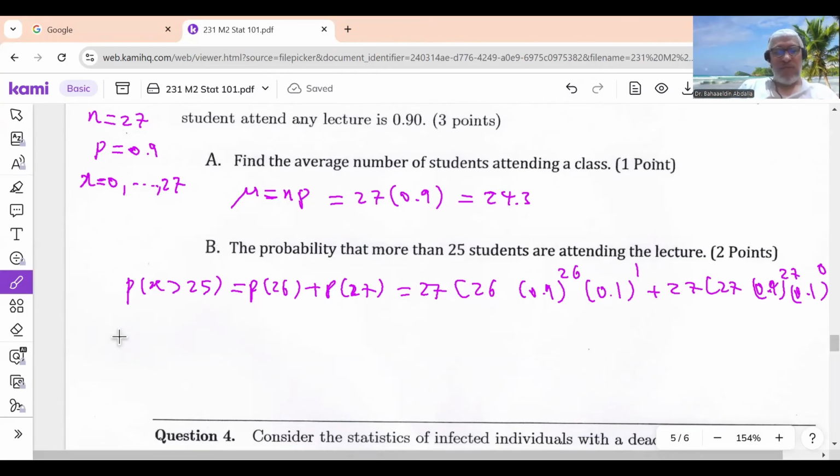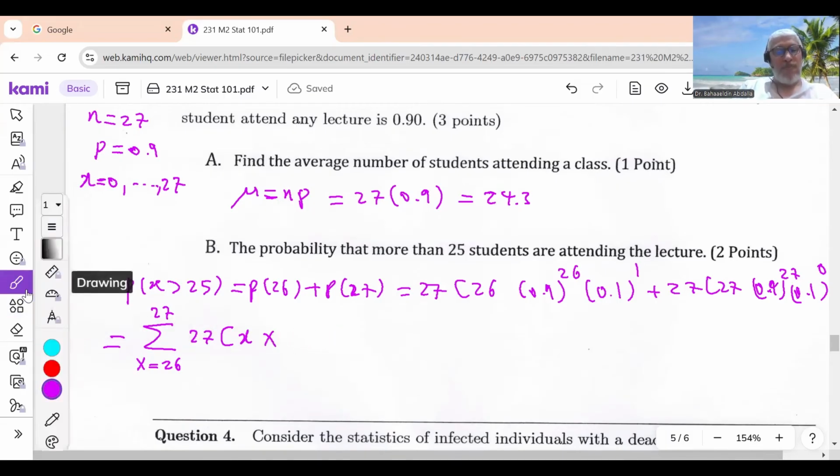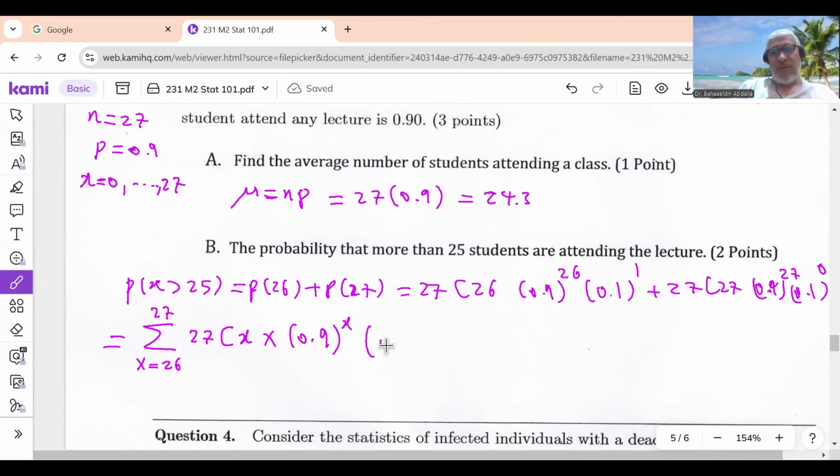So you can put this in the calculator, or you can use summation x from 26 to 27 of 27 Cx times p, which is 0.9 to the power x and 0.1 to the power 27 minus x.